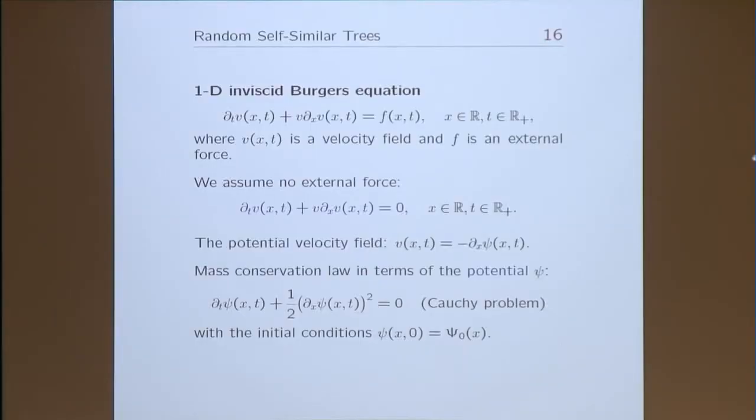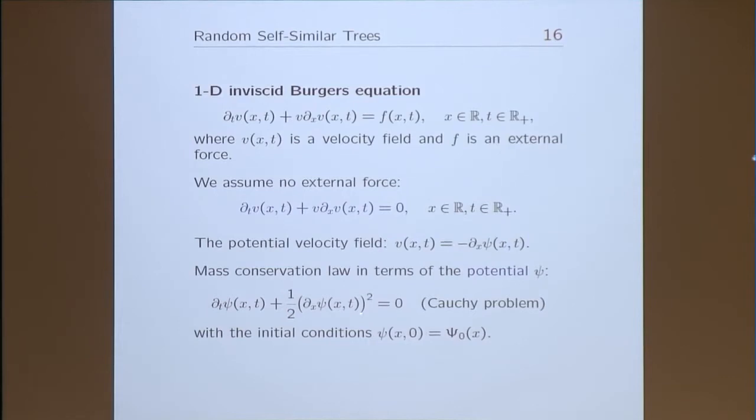So now let's take zero external force. So on the right-hand side, we'll have zero. There is a standard way of introducing the potential velocity field by substituting, instead of V, the negative derivative with respect to x of psi.